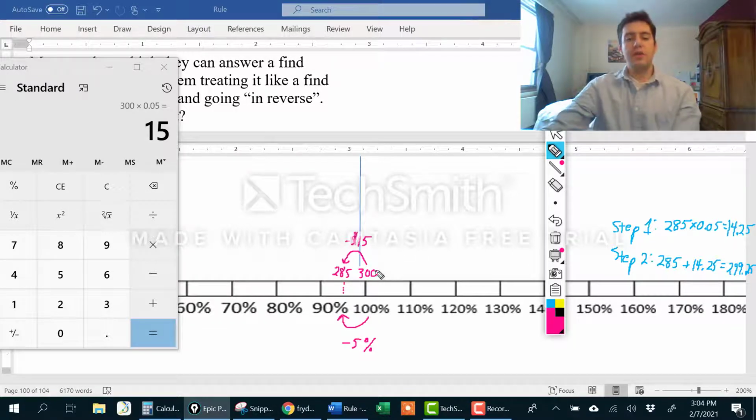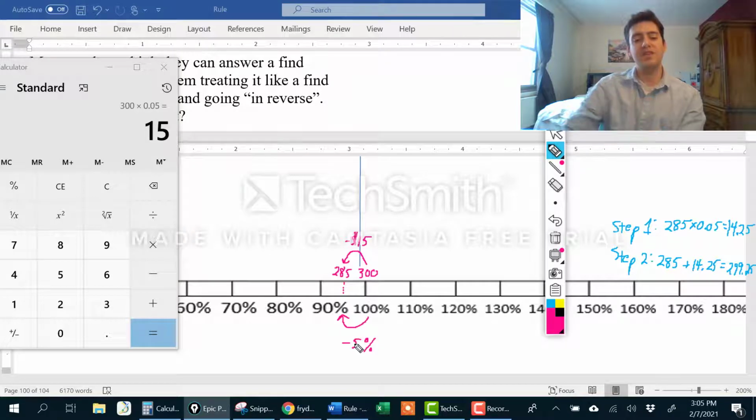Okay, so he had $300 originally. 5% of 300 is 15, and that's what he had to pay as the fee. So his money decreased by $15, and that's why he ended up with $285. Notice that to get this 15, we had to do 300 times 0.05. We had to figure out what 5% of 300 is.